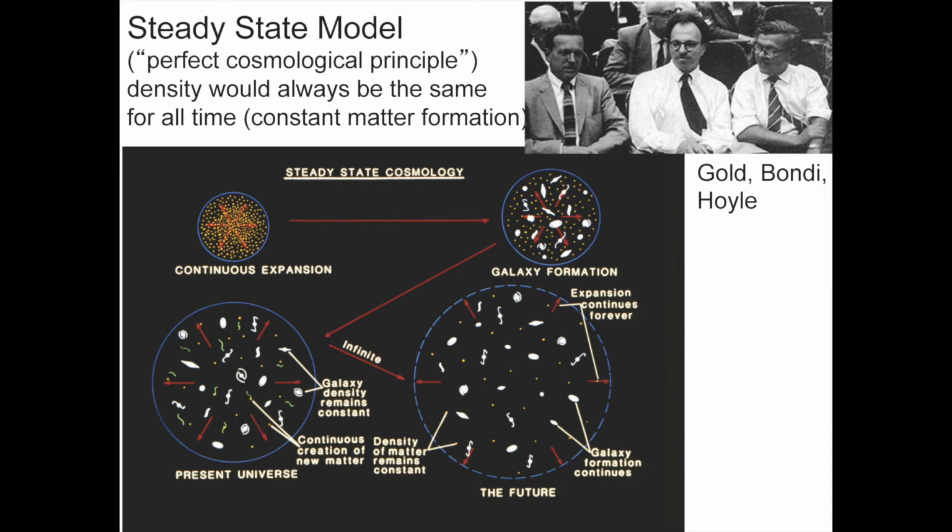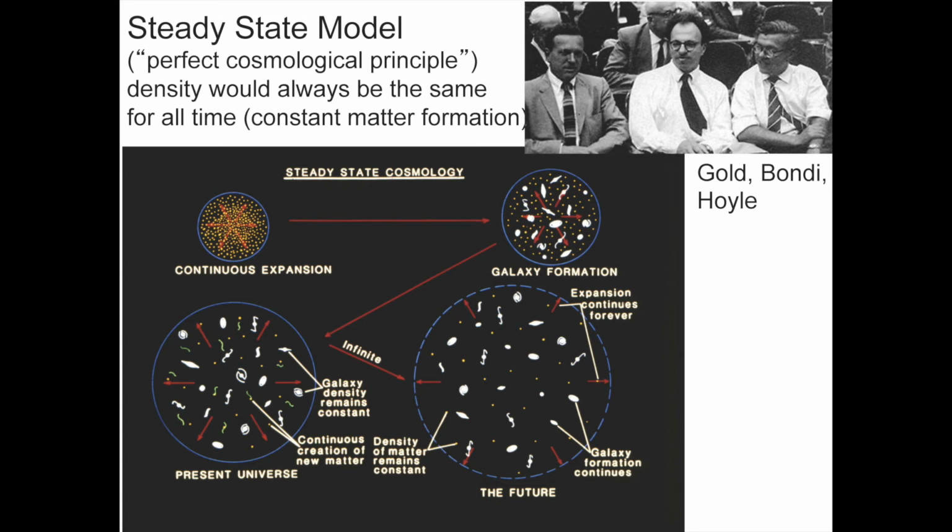Now, they allow for an expansion of the universe, but in this model, the density would be the same for all time. And that requires that there be constant matter formation. If the universe is going to expand and keep the same density, then you've got to have more mass if the volume is getting bigger.